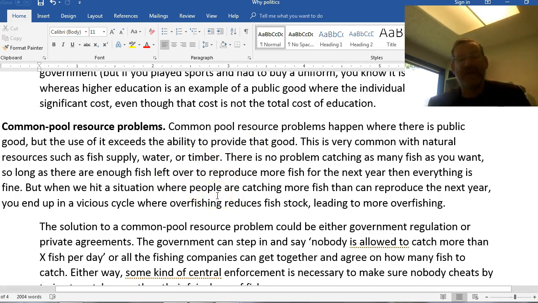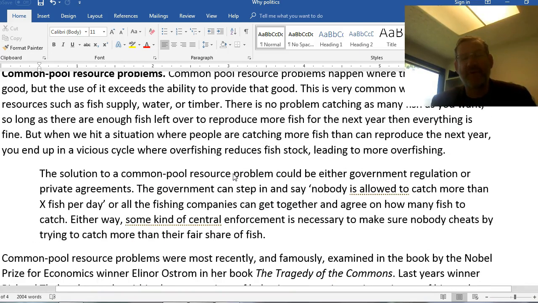There's no problem catching as many fish as you want, so long as there's enough fish left over to reproduce for the next year. But when we hit a situation where people are catching more fish, reducing fish stocks so that they have a hard time reproducing to the same level next year, you end up in a vicious cycle where overfishing reduces fish stock, leading to more overfishing, leading to reductions of fish stock.